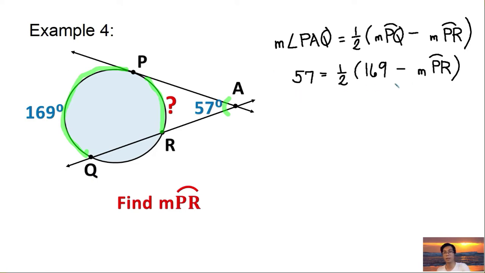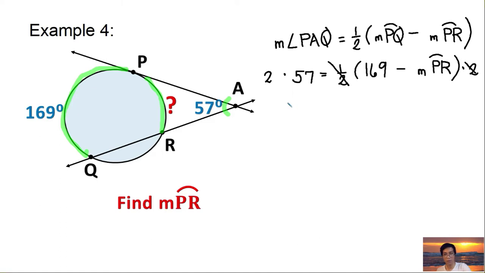Now, ang gagawin natin is kailangan mawala natin si 1/2 by multiplying both sides of the equation by 2. So, times 2 ka dito, times 2 ka rin dito sa left side. Applying multiplication property of equality. So, 1/2 at 2 is 1. So, cancel. Wala na siya. 2 times 57 is equal to 114.